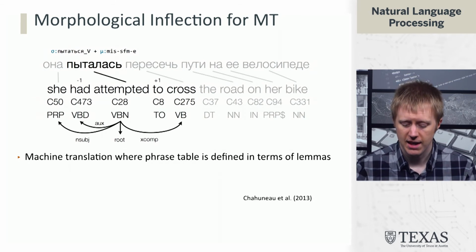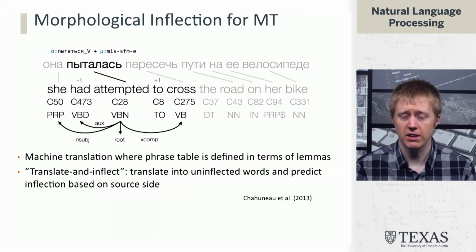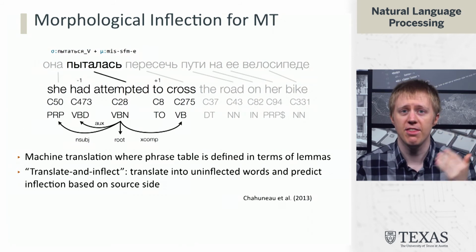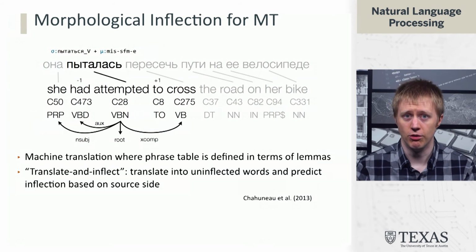They translated into base forms in Russian, and then inflected those words. You would predict only the base forms of verbs and nouns, and then use the kind of table we saw on the previous slide to inflect them, given the information from the source.